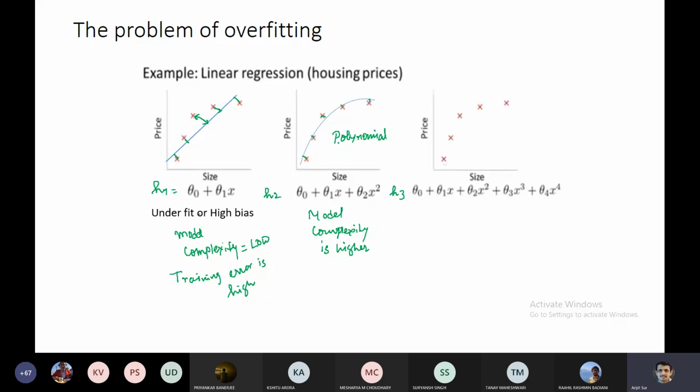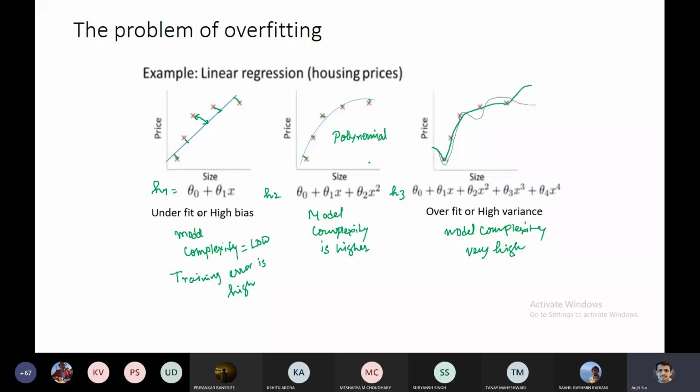Now another thing can happen. If this is the curve, you can say the model complexity is very high. It is a polynomial representation, and this curve is something like that.